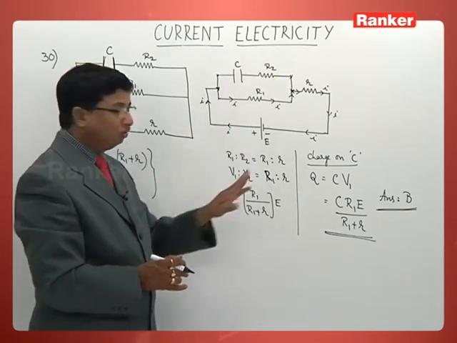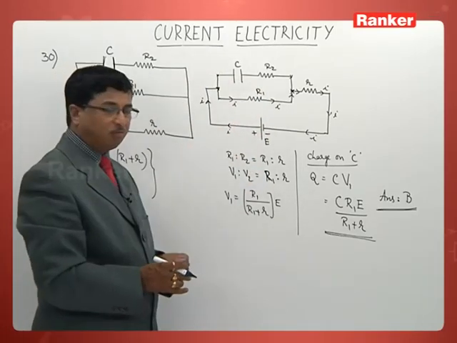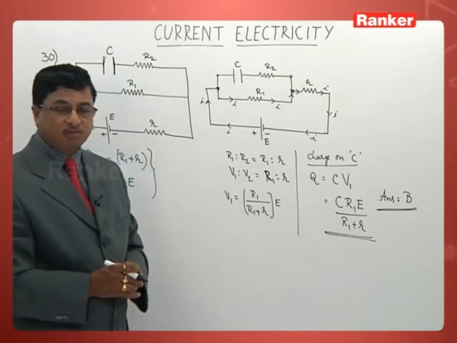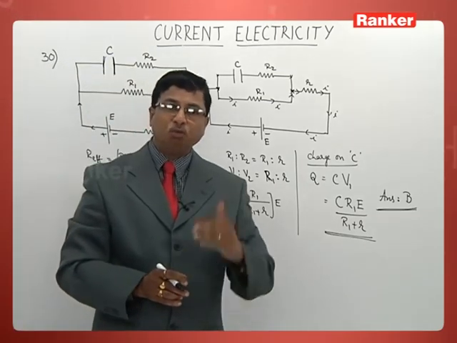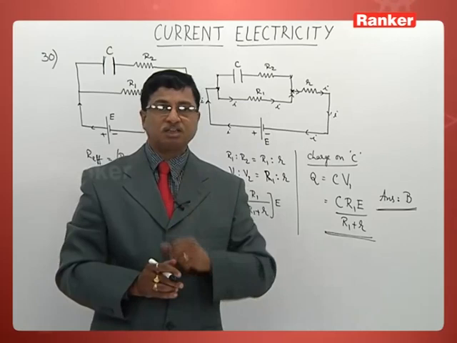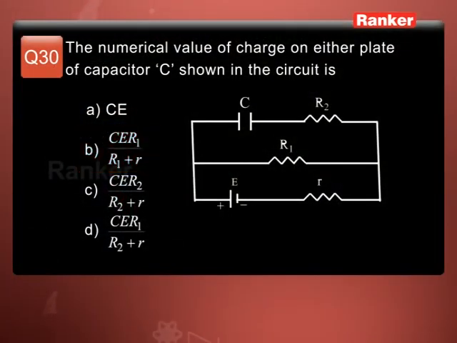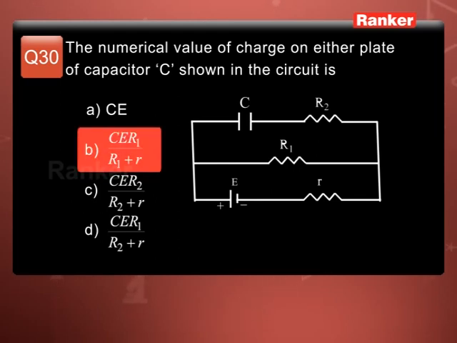So that is the concept. If you can identify these 3 points, you can directly get the amount of charge on the capacitor C given in one of the branches of the circuit. This is problem number 30. The correct option for that one is B, that is the second one.